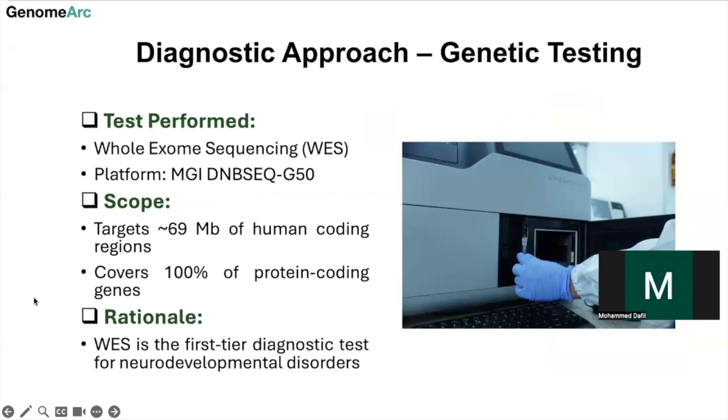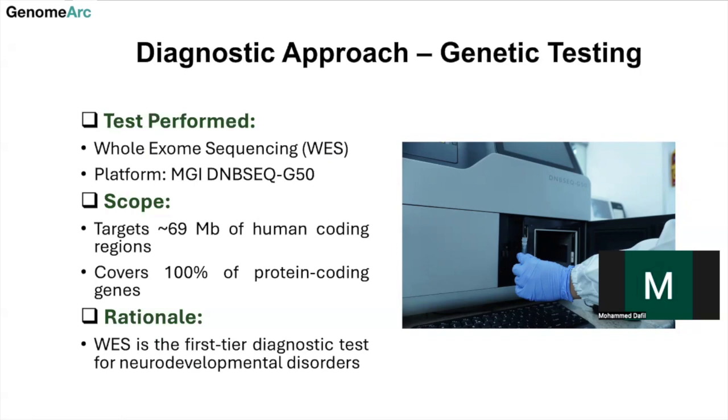For the diagnostic test, they conducted exome sequencing using the MGI sequencer, DNB-seq G50, that targets around 60 to 70 megabase of human coding regions. That covers almost 100% of the protein coding genes. So it's a very high coverage kit for exome sequencing.